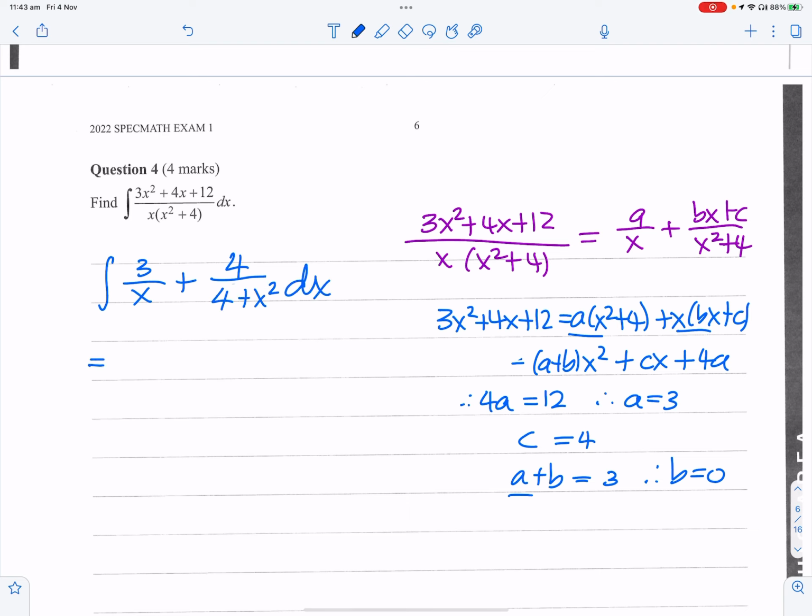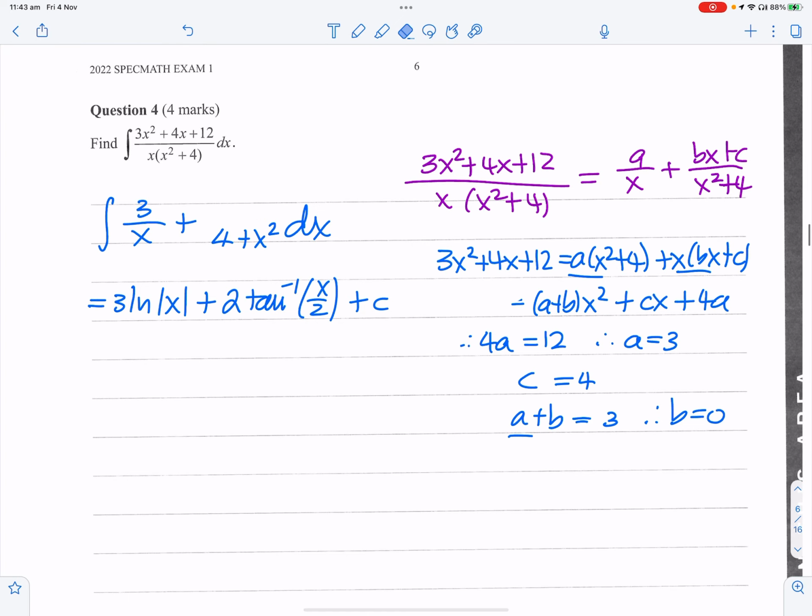Now, we know the first bit is 3 natural log of mod x, plus, here we need a 2 on top, because it's the square root of that. So 2 tan inverse of x on 2 plus c. Pretty easy once you get that partial fractions part out of the way.